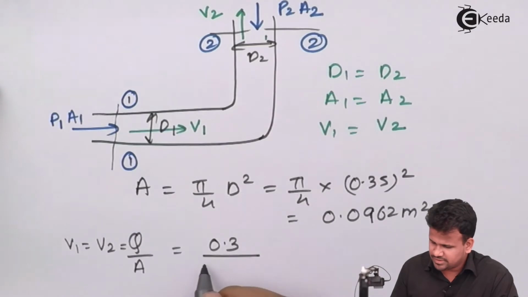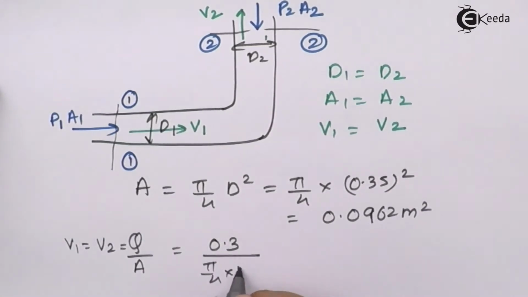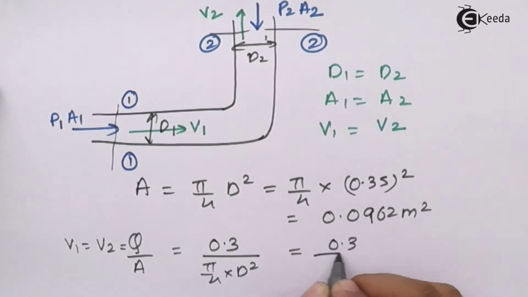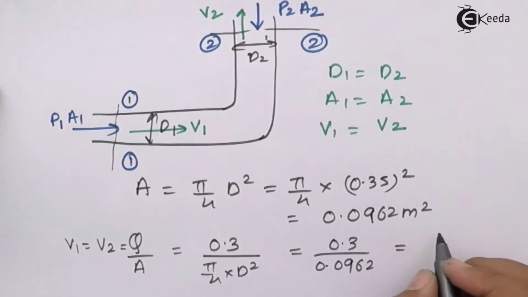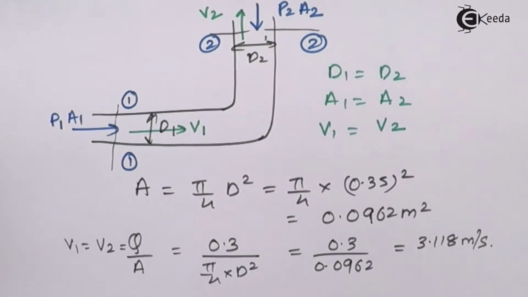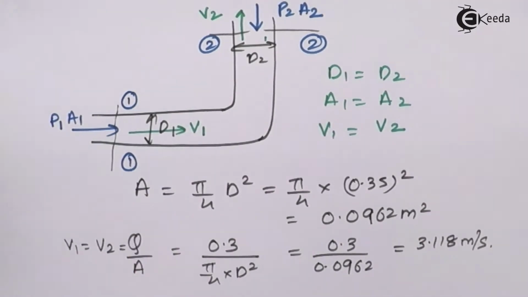So that will be equal to 0.3 upon pi by 4 into D square, so this is 0.3 upon 0.0962. This will give us 3.118 meter per second. So we have evaluated the velocities as well as the area of cross section.